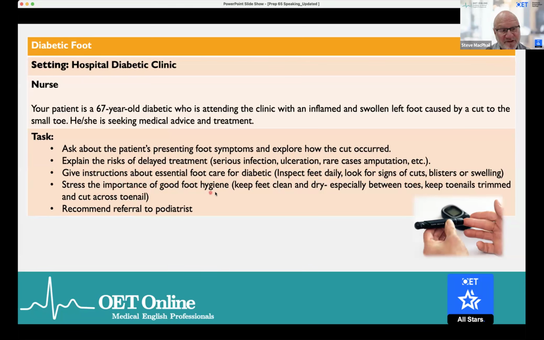And you've got to stress the importance of good foot hygiene. Now, you don't have to create that. They tell you what good foot hygiene is. Keeping the feet clean and dry, especially between toes, keeping the toenails trimmed, and so forth, right? So all that information is there to help you in your communication. Lastly, recommend referral to a podiatrist.